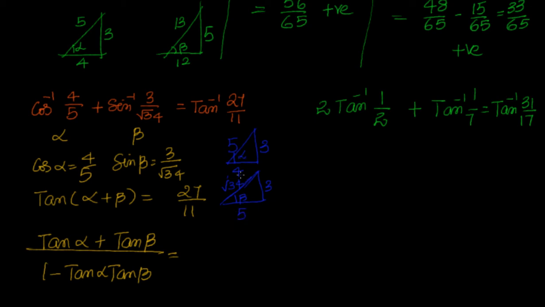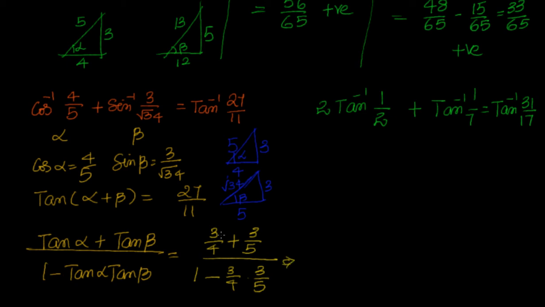What is tan alpha? Tan alpha is 3 by 4. So we'll go back. We'll say it is 3 by 4 plus, what is tan beta? Tan beta is 3 by 5 by 1 minus tan alpha tan beta, that is 3 by 4 into 3 by 5.